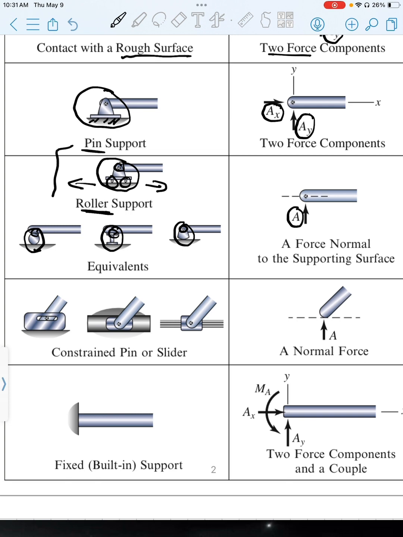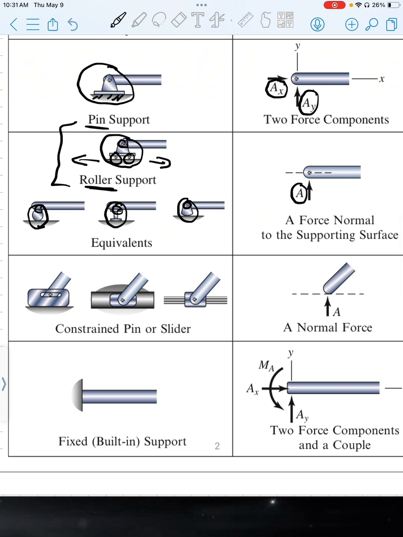These two are very important. Okay, we have the constraint pin or slider. Basically, it's also the same, you're getting the point right now. These three supports also let the rod move freely in the x direction, right or left.